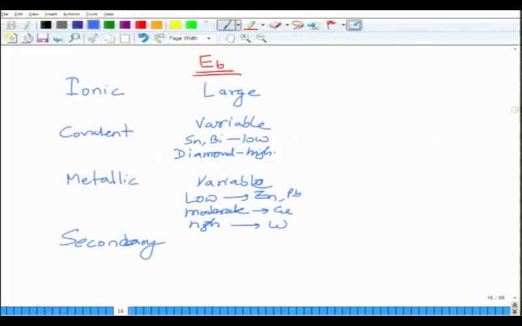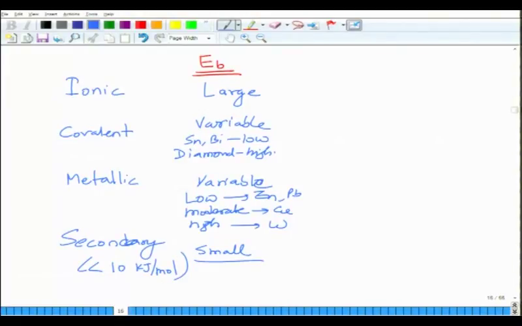Of course, defining the boundaries is not very easy. Secondary bonding is very small, with a bond energy of less than 10 kilojoules per mole, typically less than 5 to 10 kilojoule per mole. In fact, it is even lower than that.